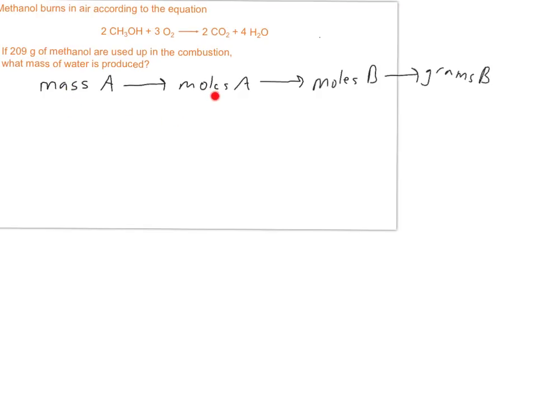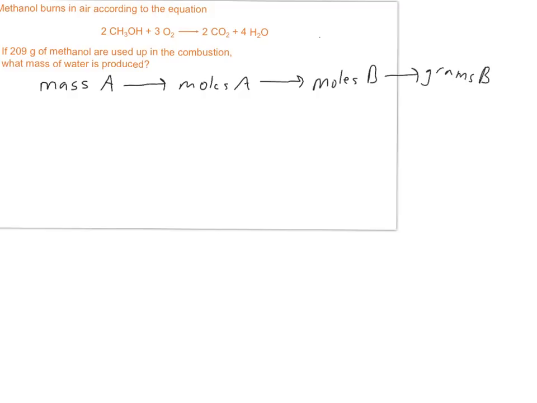To get from moles to moles, you use the correct molar ratio. Molar ratios are determined from the coefficients in the balanced chemical equation. So you use the correct molar ratio to get from moles of A to moles of B. And then you use the molar mass of the chemical that the question's asking about to get back to grams of the product or whatever the chemical is asking for.